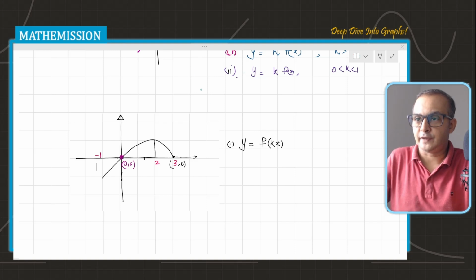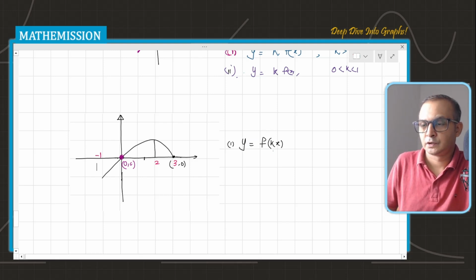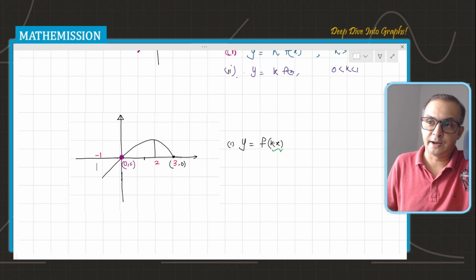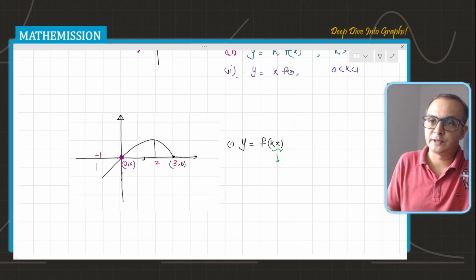So the same effect the graph will exhibit at 3 by k, because this was kx, and when I substitute x equals 3 by k, it will give you 3, which means the value of the function will become 0 again.